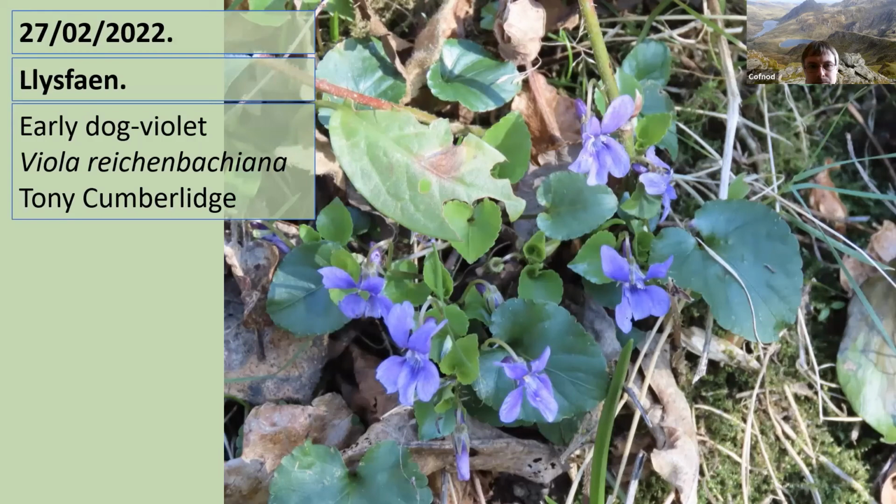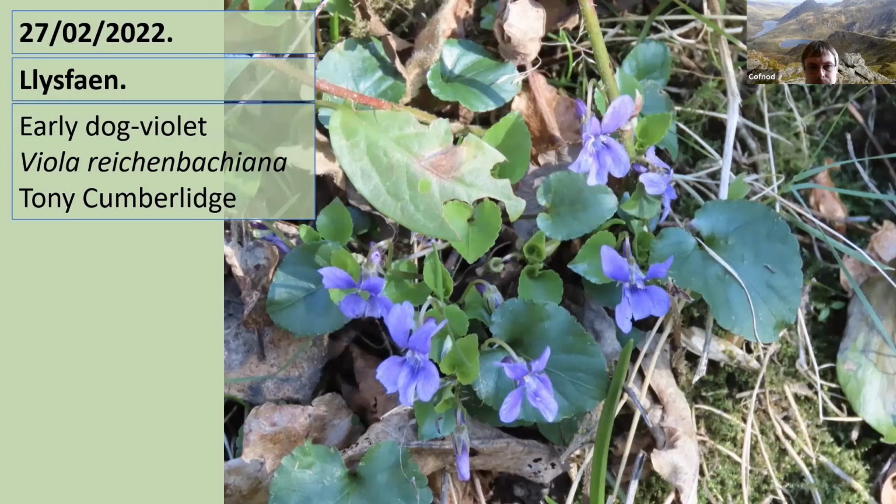Well, it could be. It could be sweet violet, Viola odorata, which also flowers early and also grows on limestone. Well, it could be common dog violet, which probably isn't in flower at this time of year, but could grow in Flusvine. So really, I haven't got the picture yet, not quite sure.